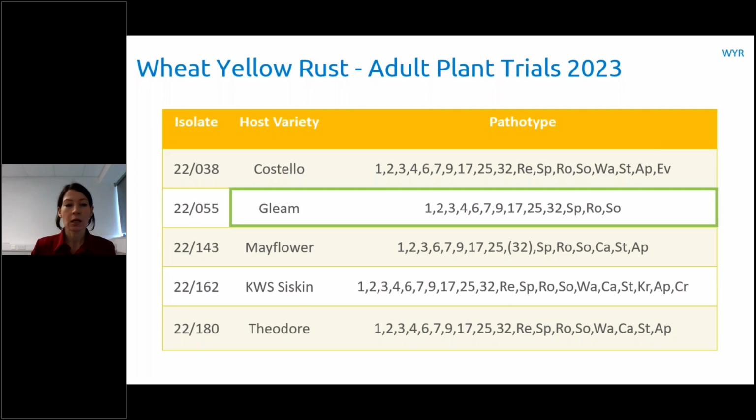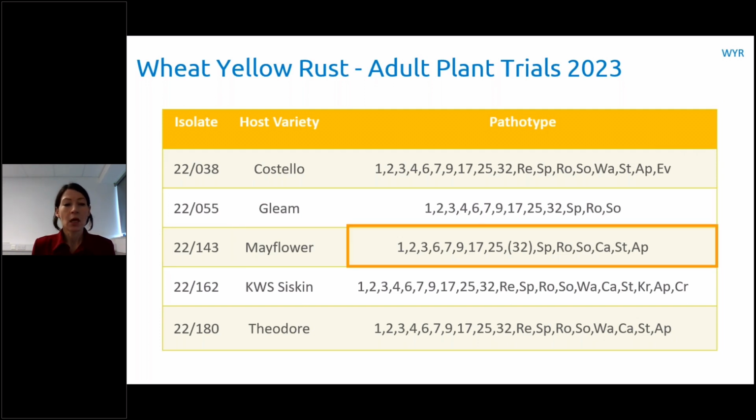We selected 2255 from Gleam. That had quite a simple pathotype. With the yellow rust, we quite often see these broad pathotypes infecting many of our additional cultivars. This particular one from Gleam only infected Spalding's Prolific, Robigus and Solstice for the additional cultivars. So we picked that one. We selected 22143 from Mayflower.